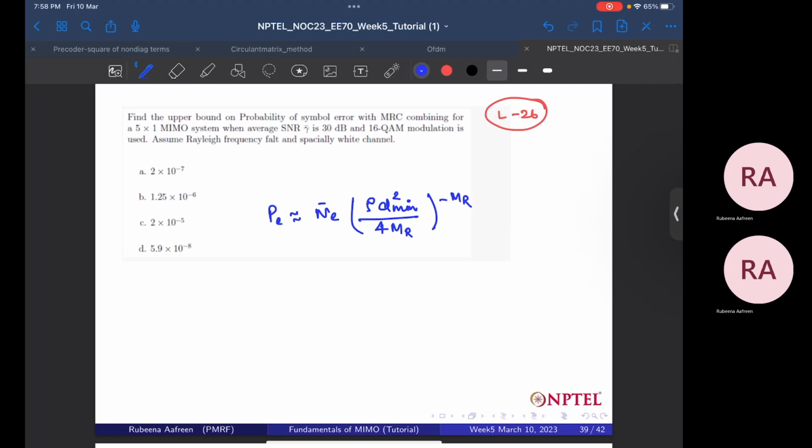Now I'll explain what each of these terms mean. So N is the number of nearest neighbors.